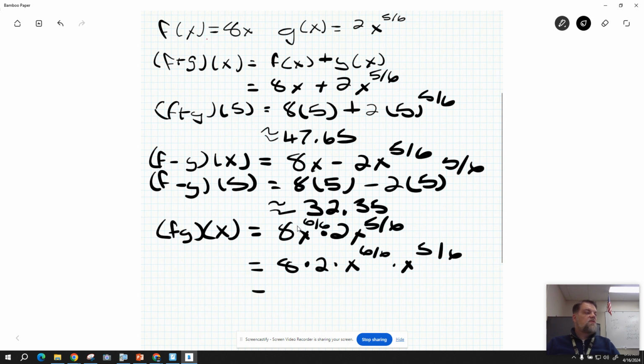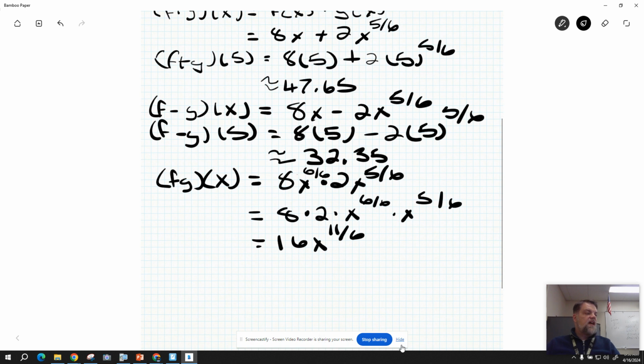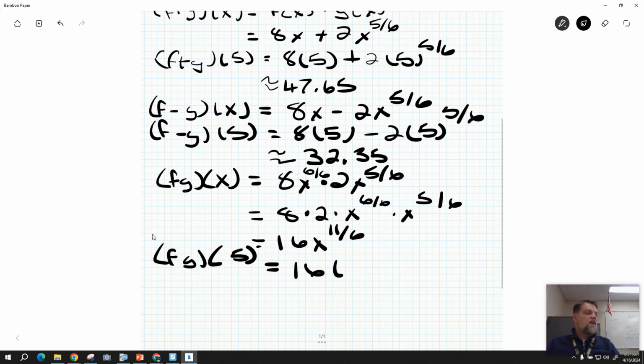So 8 times 2 is just 16, and then we add these, which will be x to the 11/6. Now to evaluate that at 5, in other words, f times g of 5, that would be 16 in parentheses 5 raised to the 11 over 6.